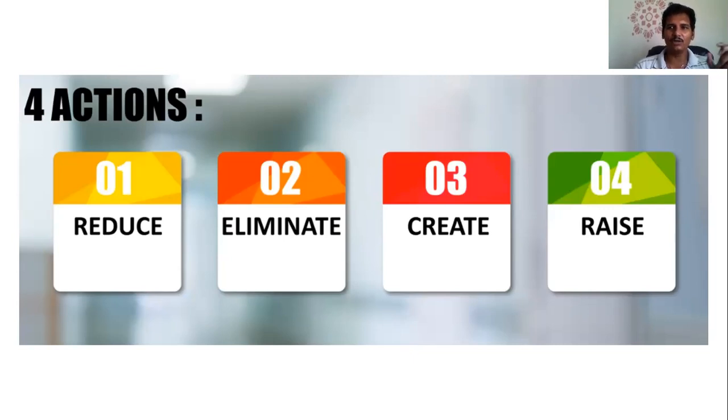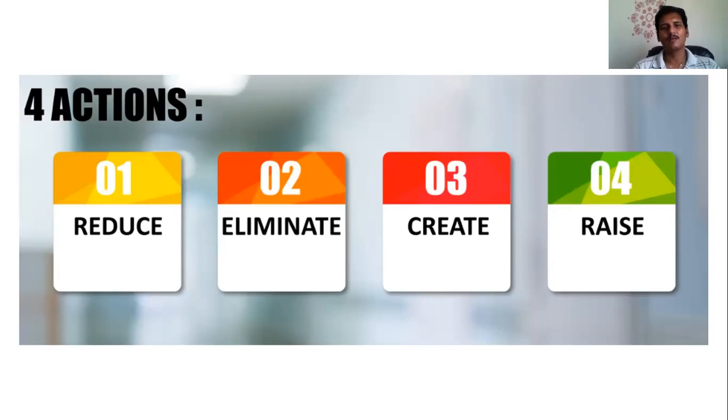Once you have identified your blue ocean, you can use these 4 methodologies. Not necessarily do we have to use all the 4. Some of them can be used, some of them can be skipped, and we can make our blue ocean more sustainable. The first one is reduce, eliminate, create, raise.